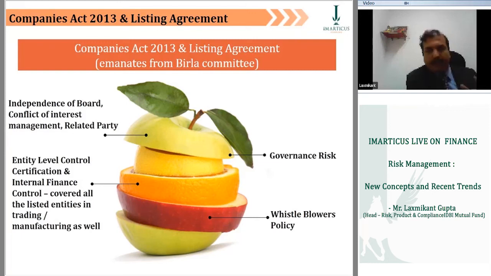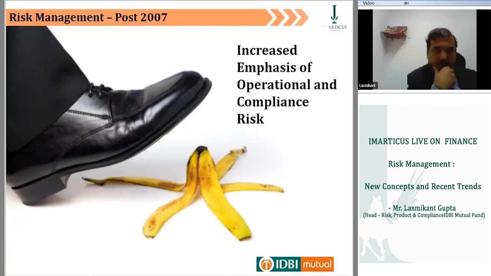But the advent of this Companies Act definitely led to serious thought by all corporates to have an internal risk management system and a list of risks, to identify uncontrolled risks and to ensure that all high risk items are very well in control. This further led to an emphasis on operational compliance and reputational risk.